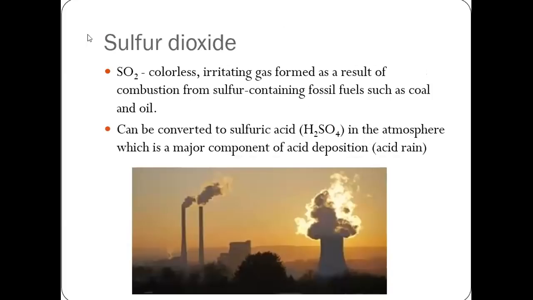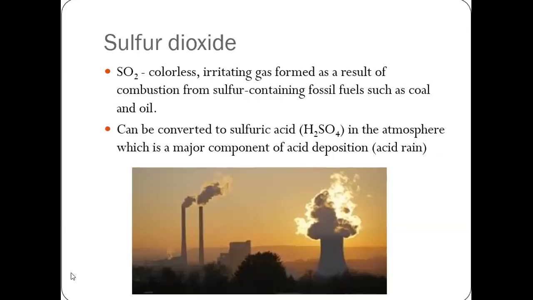Sulfur dioxide is also another gas that is considered to be colorless, irritating, and usually formed as a result of combustion from sulfur-containing fossil fuels such as coal and oil. The same with nitrogen oxide, sulfur dioxide is also a major component of acid deposition, commonly known in layman's terms as acid rain, primarily because sulfur dioxide can be converted to sulfuric acid in the atmosphere.